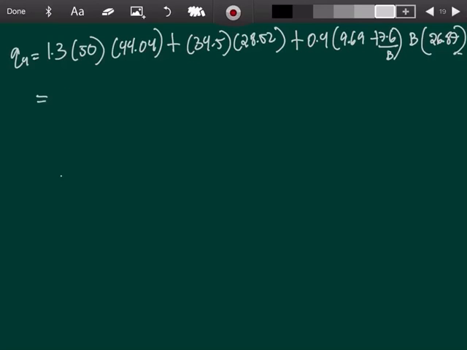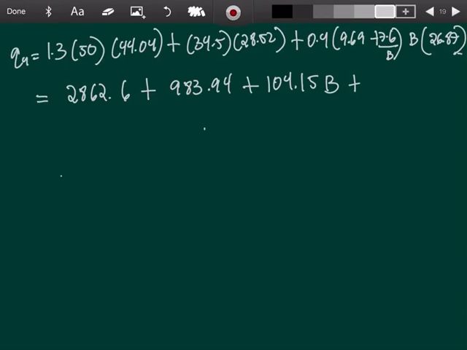1.3 by 50 by 44.04 is 2862.6, plus 34.5 times 28.52, 983.94, plus, i-simplify natin to, 0.4 times 9.69 times 26.87 times B. That is 104.15 B, plus 0.4 times 7.6 times 26.87 over B times B. Cancel ang B, so it would become plus 81.68.